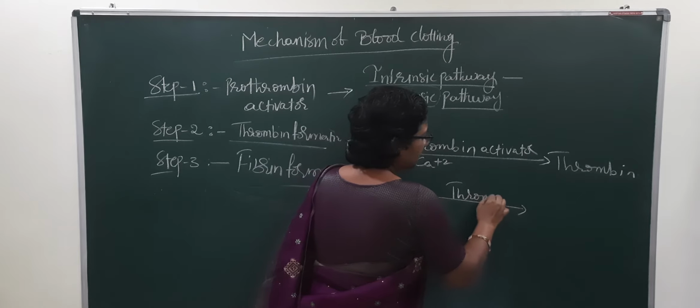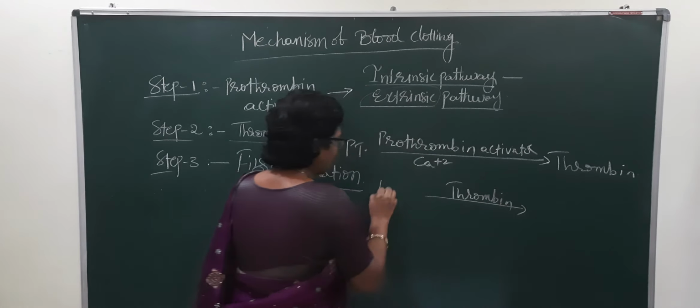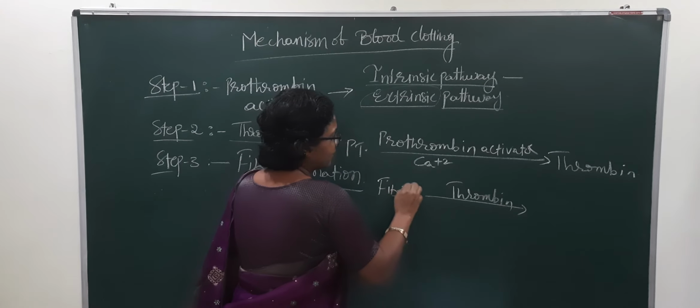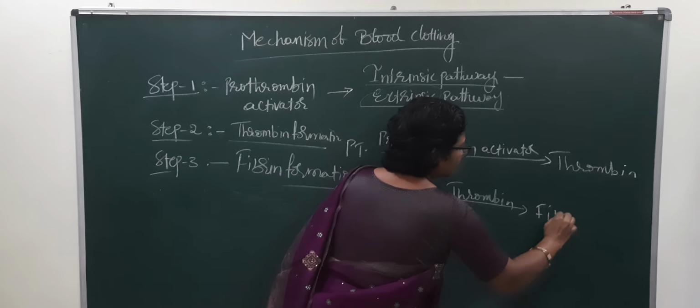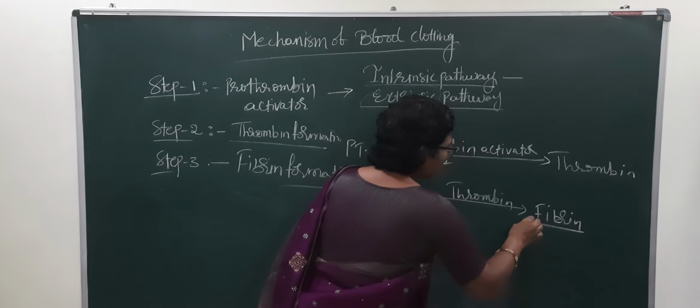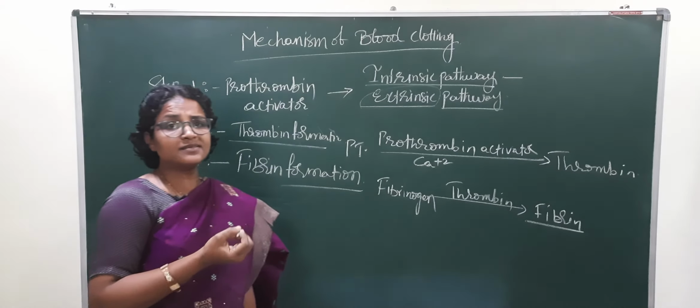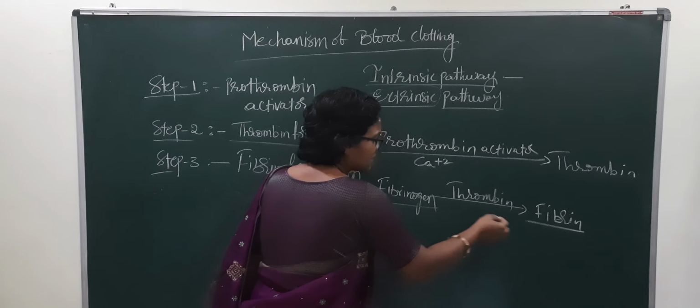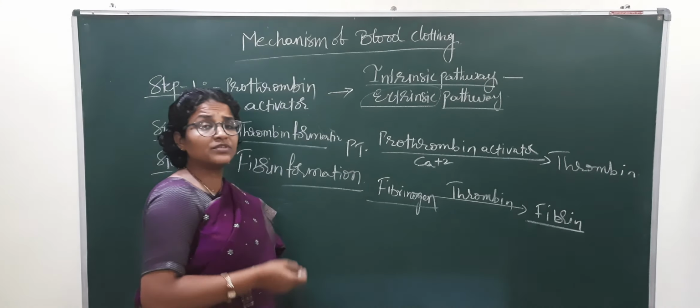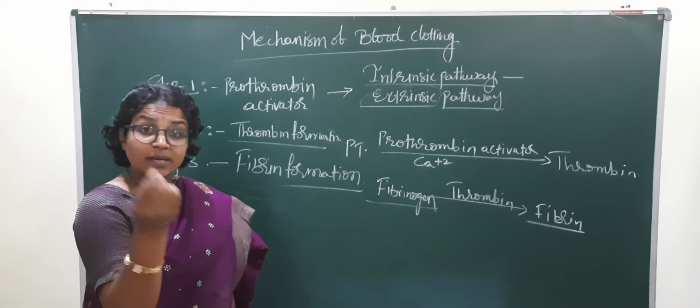Thrombin converts fibrinogen to fibrin. Fibrinogen, a soluble substance, is converted into soluble fibrin, with hydrogen bonds.